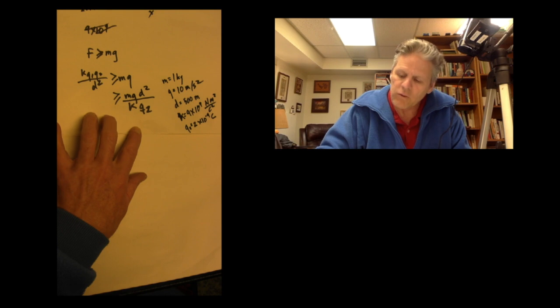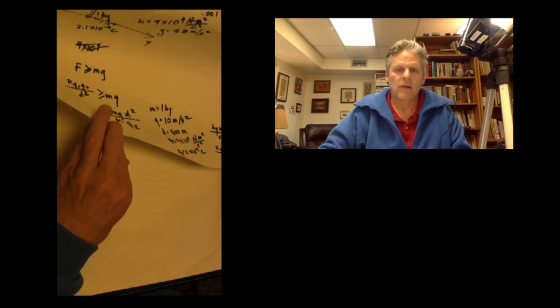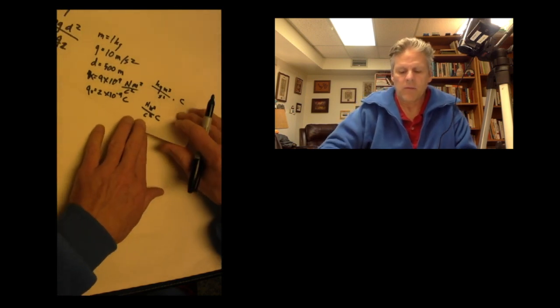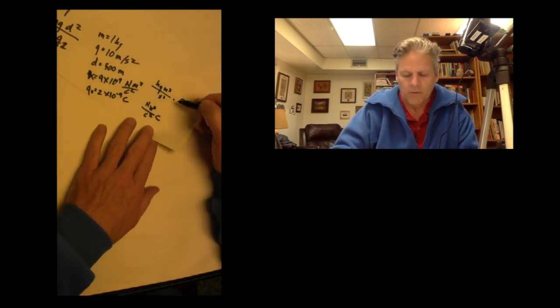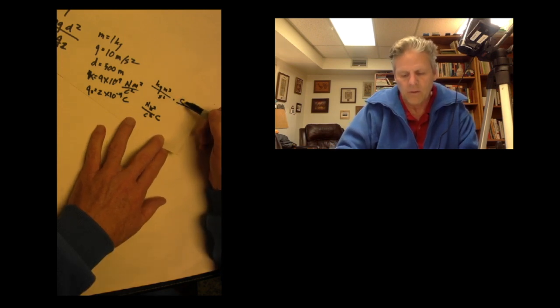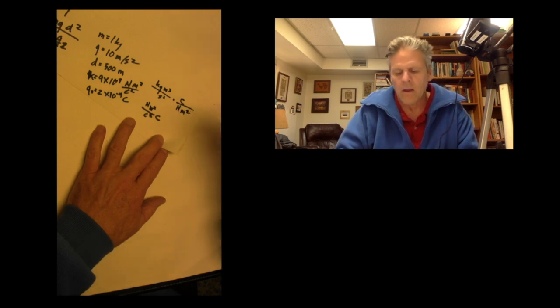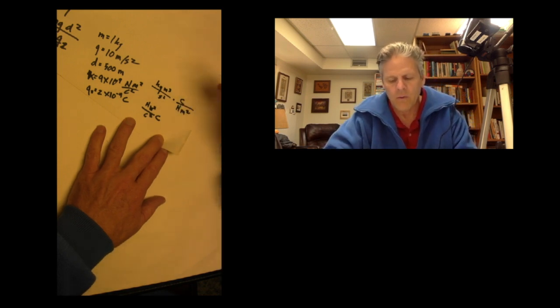When we solve this, I just am going to verify that my equation looks good. So I'm just doing the unit analysis. The question is, what is a newton meter squared?